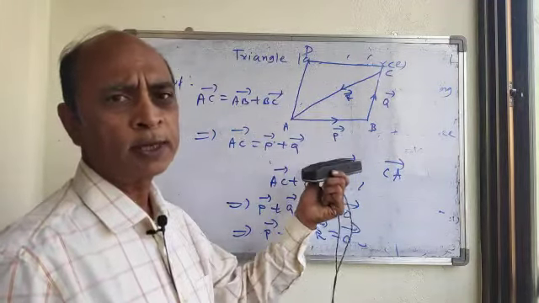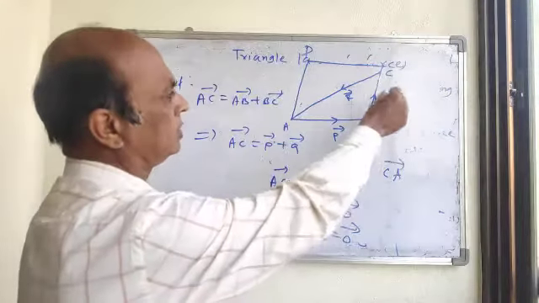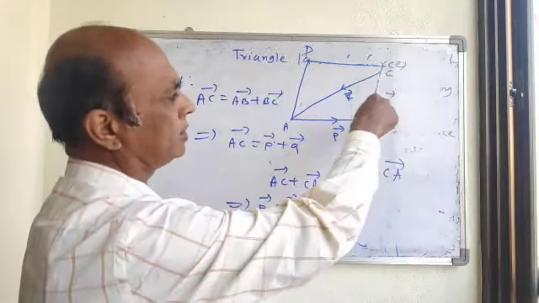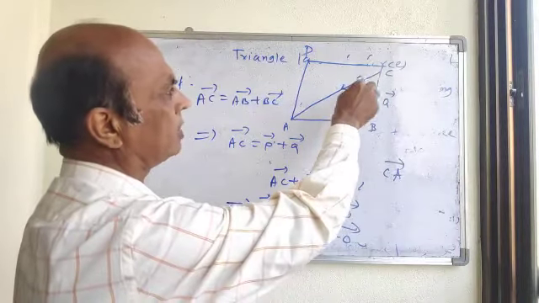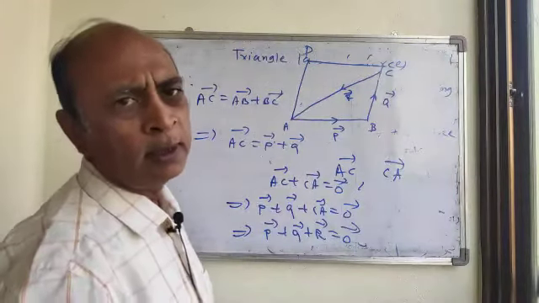So again, see, this is force P bar represented by this side. This is the force Q bar represented by this side, and this is R bar. Now complete the parallelogram, and by applying the parallelogram law of forces, AC bar is the resultant of AB bar and BC bar, and therefore AC bar is equal to AB bar plus BC bar.